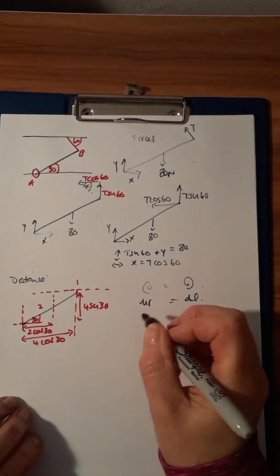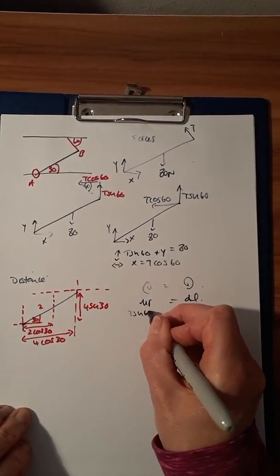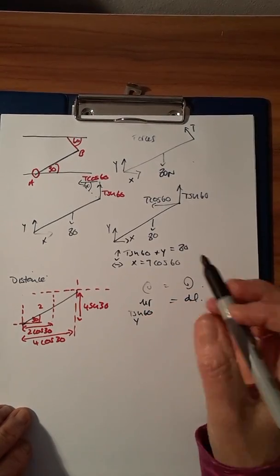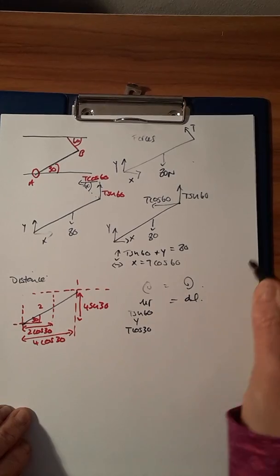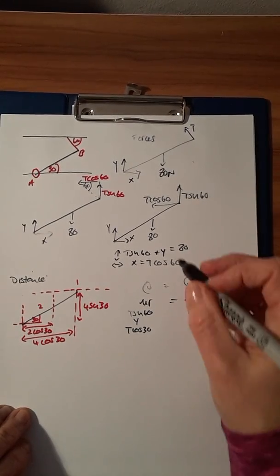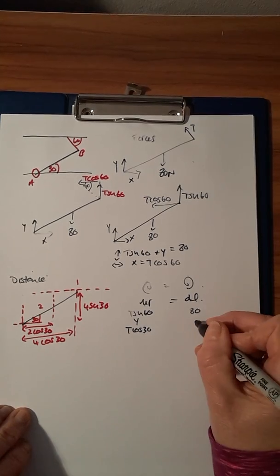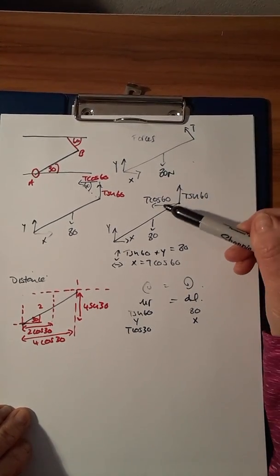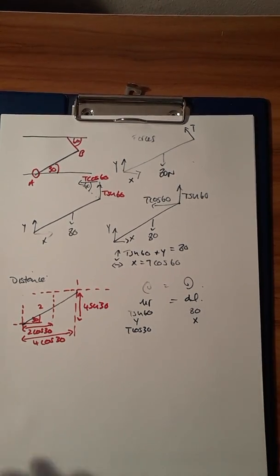Okay, so my up forces are T sine 60 is an up force. Y is an up force. From the right is T cos 60. Down is just one down force, that's the weight force, and from the left is X. So that's 1, 2, 3, 4, 5 forces.